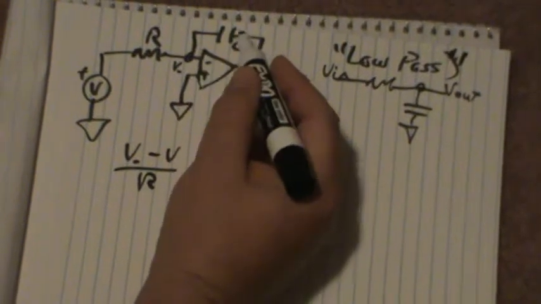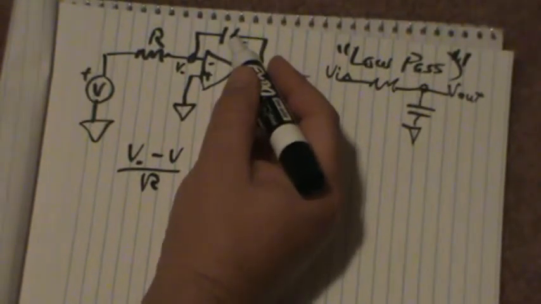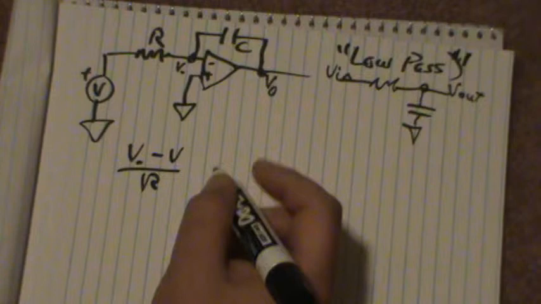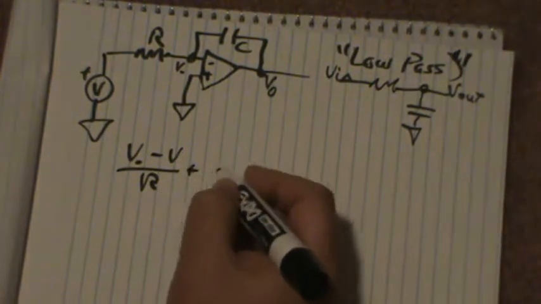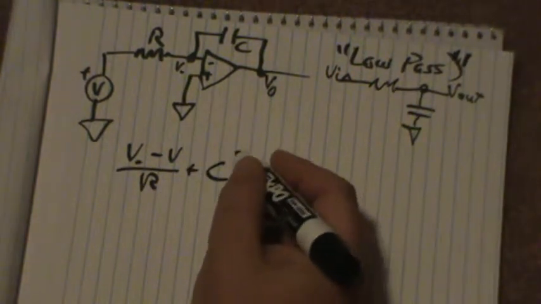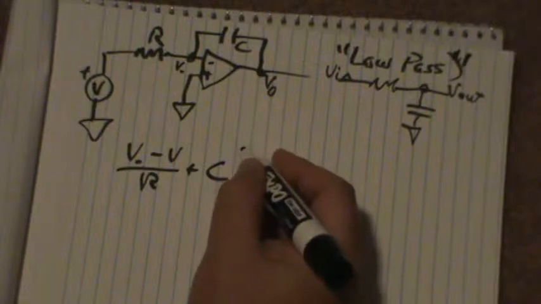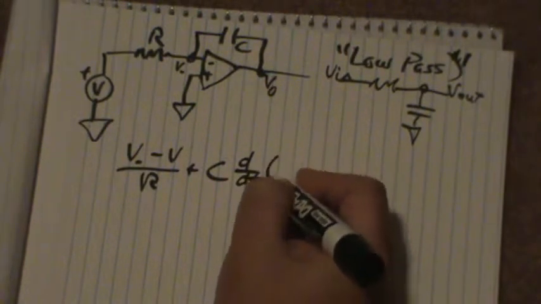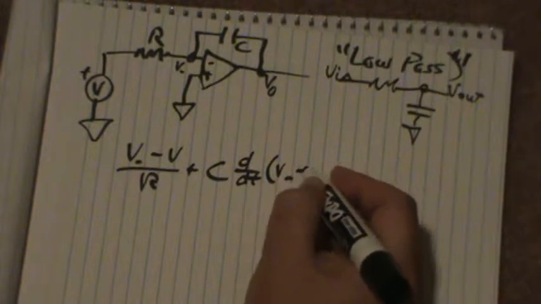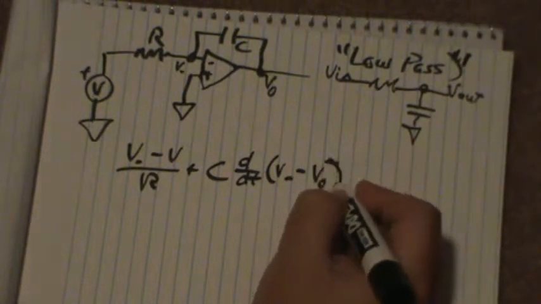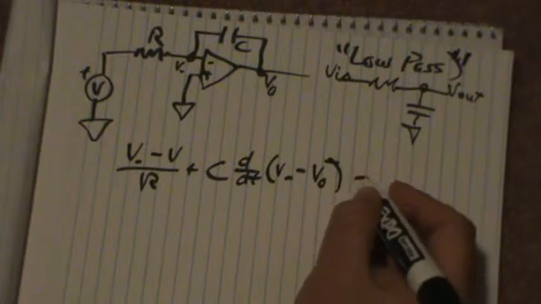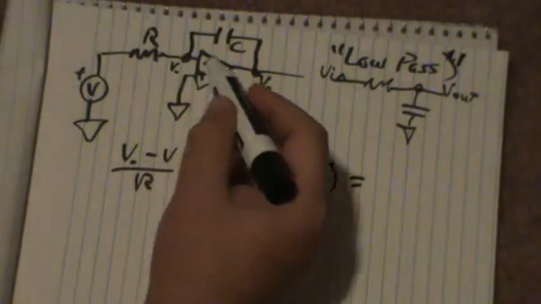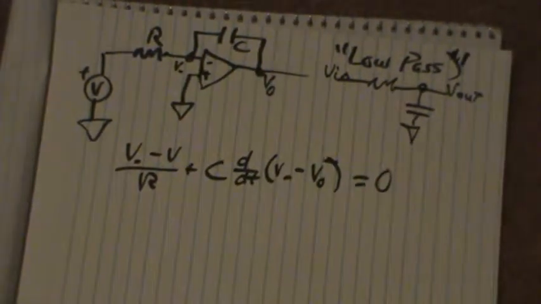Now we're going to get the current through here, and again we remember that this is going to be plus C times the voltage difference, but it'll have to be a derivative, so I'll take d/dt of the voltage difference, which is V minus minus V out. And that has to be equal to the current that's flowing in there. For an ideal op amp, that's 0.